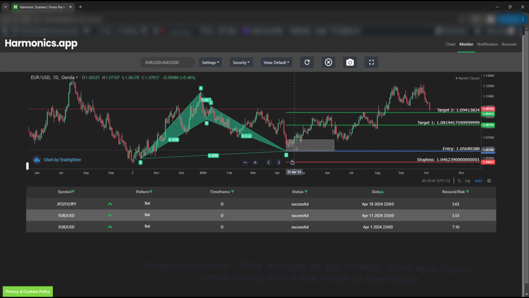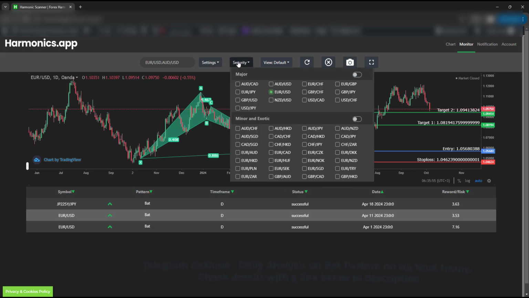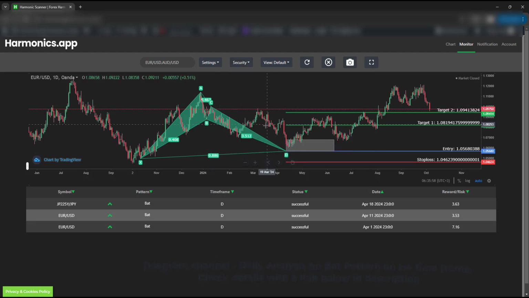The price reached the potential reversal zone, not all the way to the entry level, but the price reached take profit 1 and then take profit 2, which was also a successful one. So these are the settings and the filter possibilities if you would like to make the analysis right here on the chart to see how this behaves.